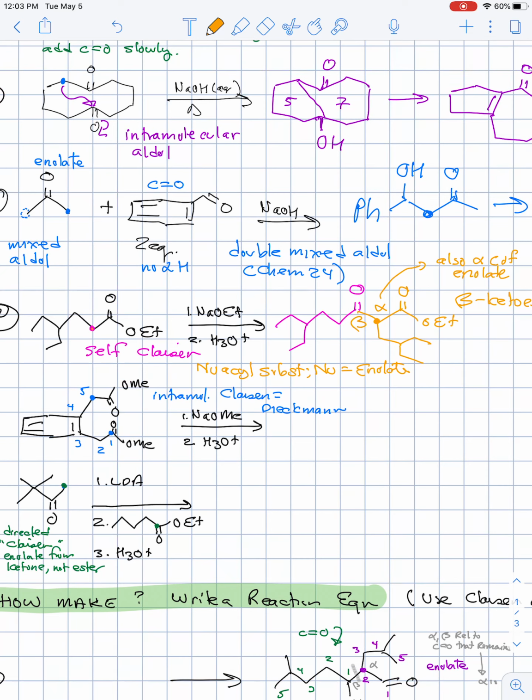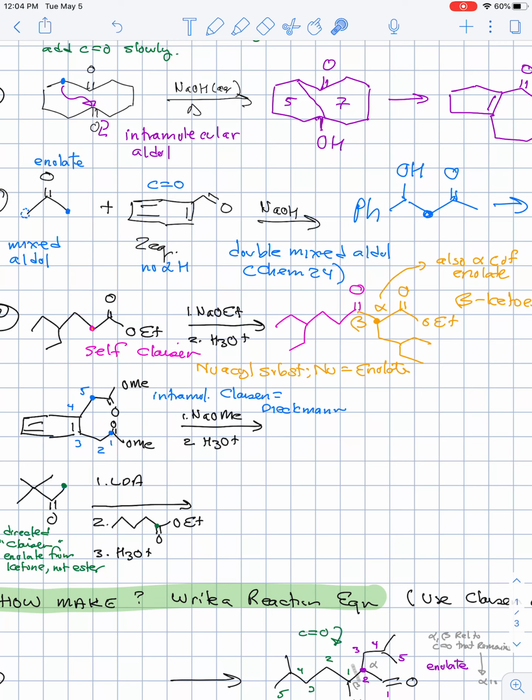So just like you can do intramolecular aldols, which I didn't do an example of here. Well, I guess I sort of did up here, but I went through that handout. But here we have an intramolecular Claisen, which, this being chapter 21, has a separate name. There are so many condensations and many of them have names.